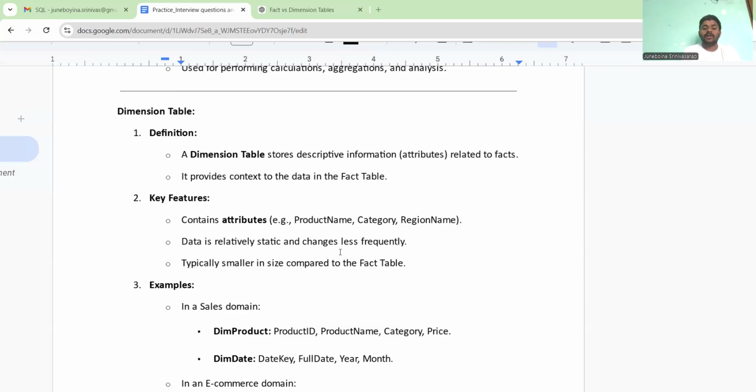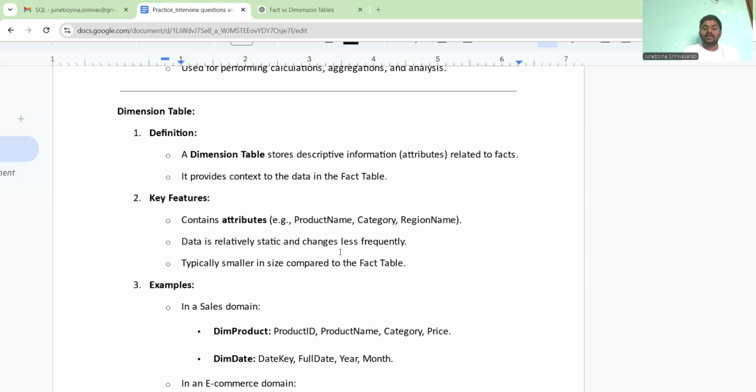Key features of the dimension tables. Dimension table contains attributes, example, product name, category, region name. Data is relatively static and changes less frequently. The data presented in the dimension table is relatively static and changes less frequently.